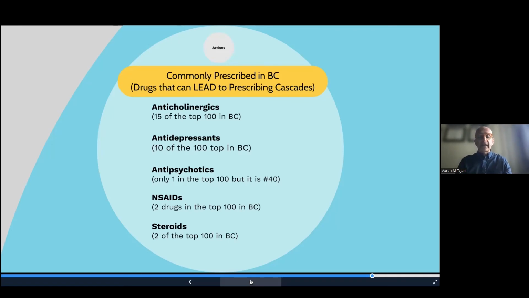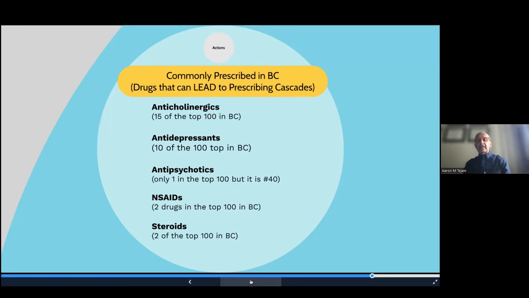It's number 40. And when you look at drugs that raise blood pressure, specifically NSAIDs, 2 drugs in the top 100 in BC are NSAIDs, and steroids also potentially increase blood pressure, and 2 of the top 100 drugs in BC are steroids. So there are 5 classes of drugs that, if you had to focus on drugs that might be causing problems, it's a relatively short list.